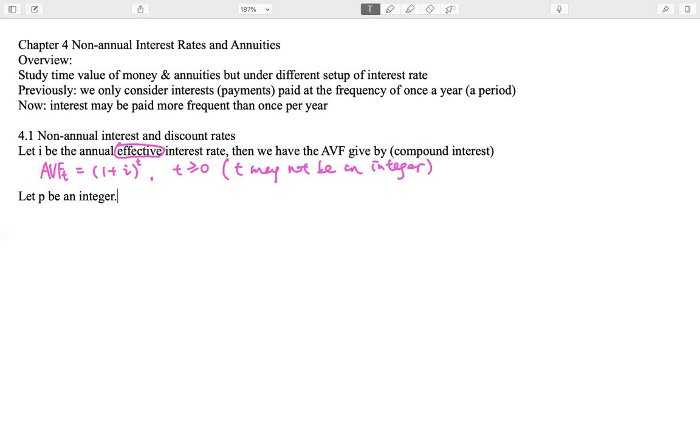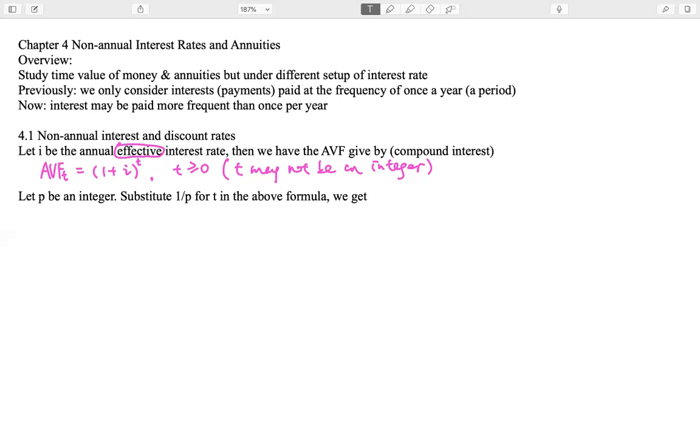Then we substitute 1/p for t in the above formula, and we get the accumulated value at time 1/p. Because p is an integer, let's say p is 2, then 1/2 would be 6 months, because 0.5 year is 6 months.